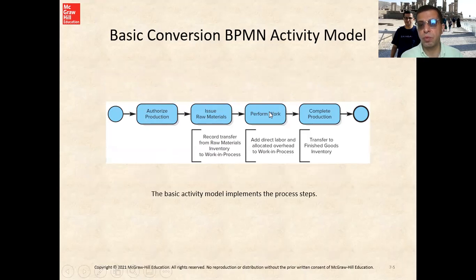Then they perform the work, which adds direct labor and allocates overhead to work in process, and then complete the production, which transfers to finished goods inventory. So this is the basic activity model implementing the process steps.